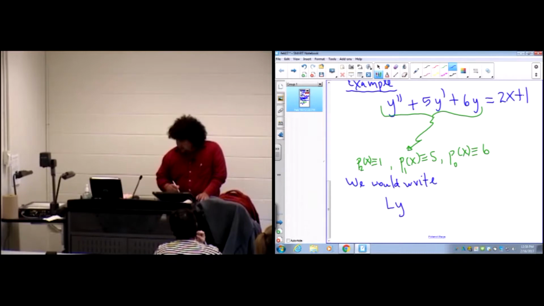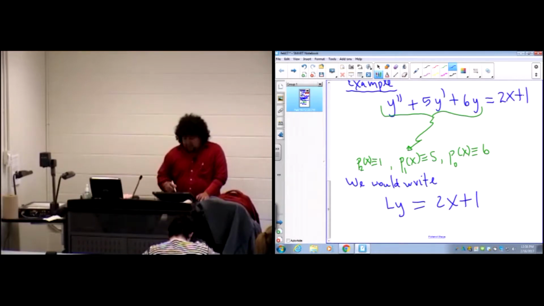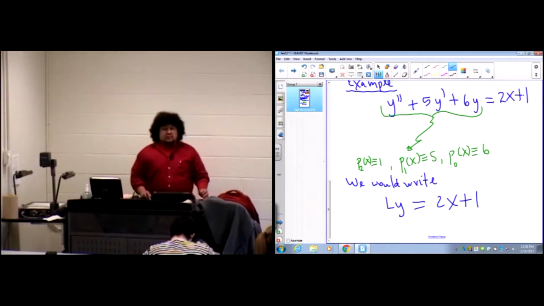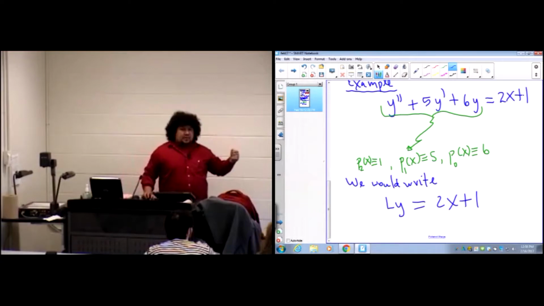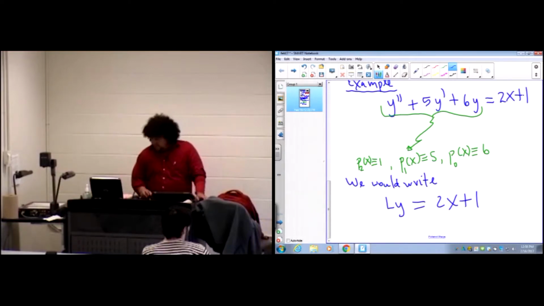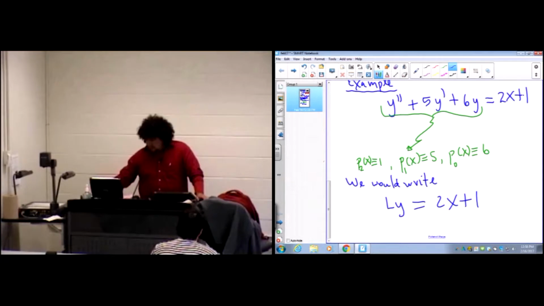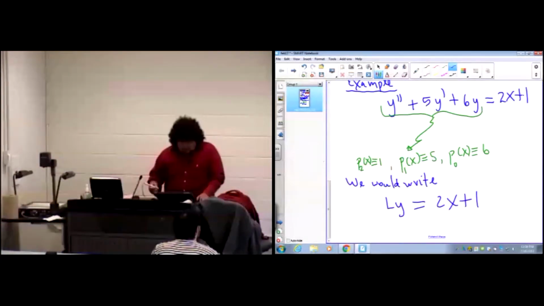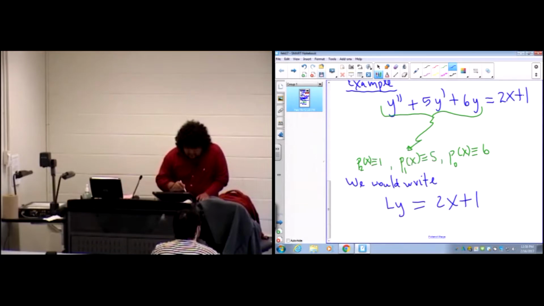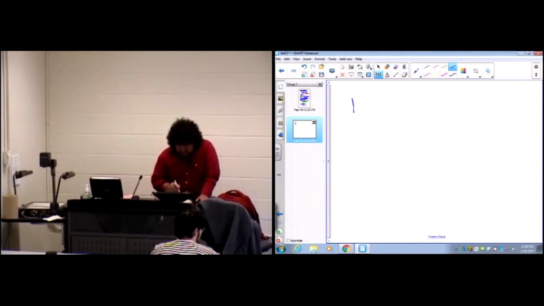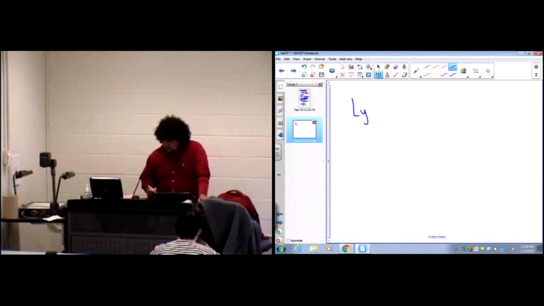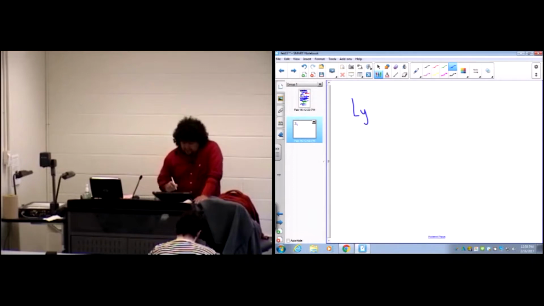Now, when we consider this operator L of y, specifically when we consider L of y equals something, the problem we want to consider is L of y equals f of x.